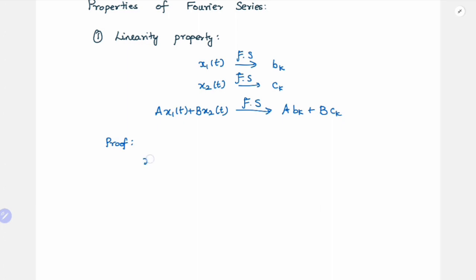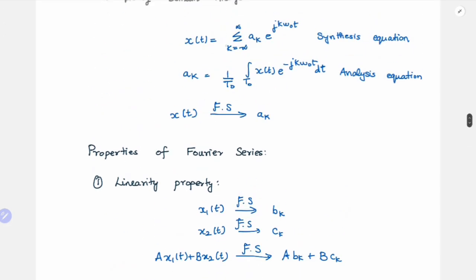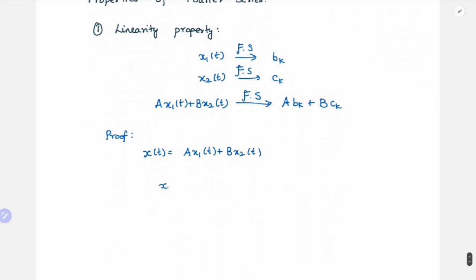Let's assume some x of t as a x1 of t plus b x2 of t. You can see from this, x1 of t is given by the summation k equal to minus infinity to infinity of bk e power jk omega naught t, and x2 of t is nothing but the summation k equal to minus infinity to infinity of ck e power jk omega naught t.